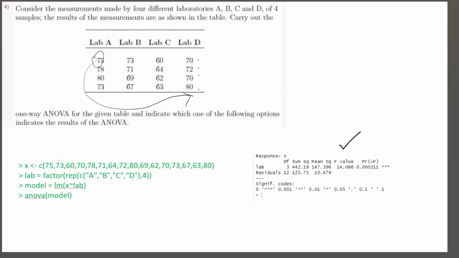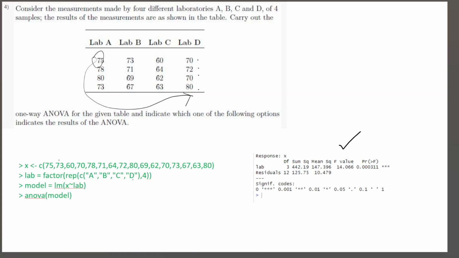X is here the table of values, and we are relating it with respect to lab. So what we are trying to achieve now is we are just checking the ANOVA of model. It will try to get a linear relationship between the category and the given values.